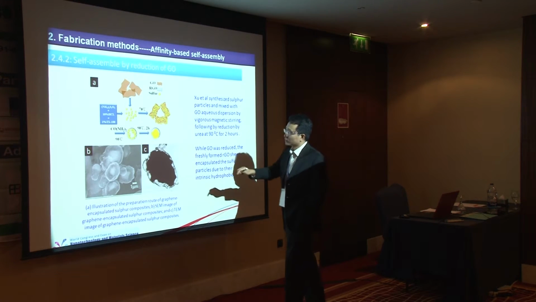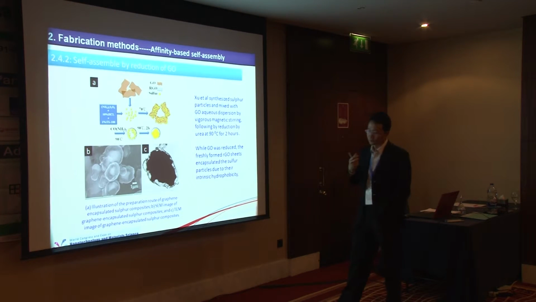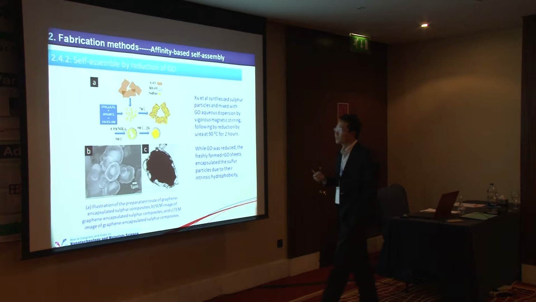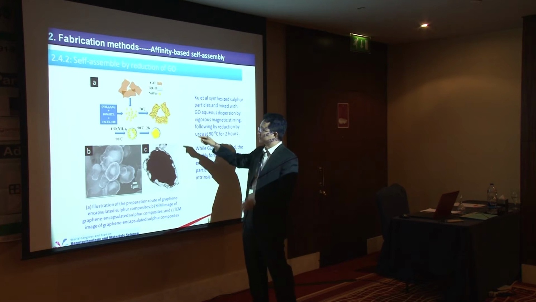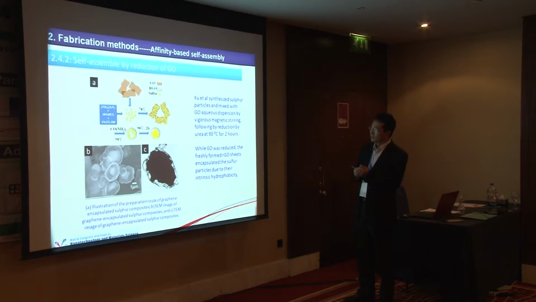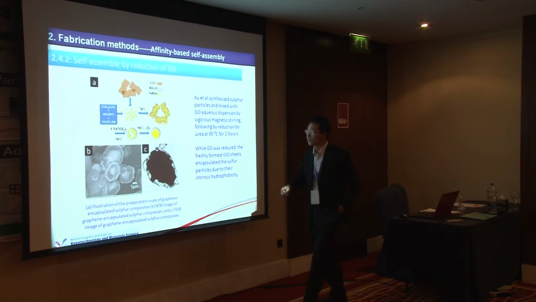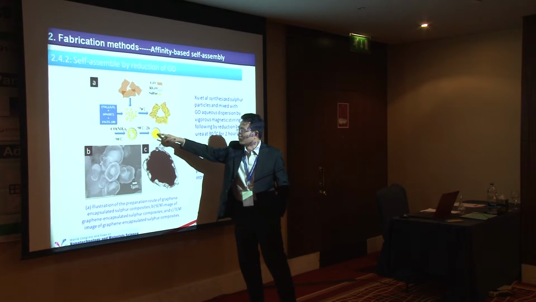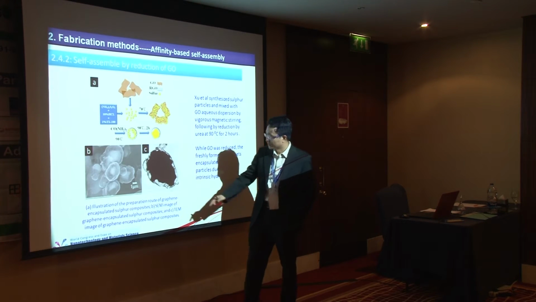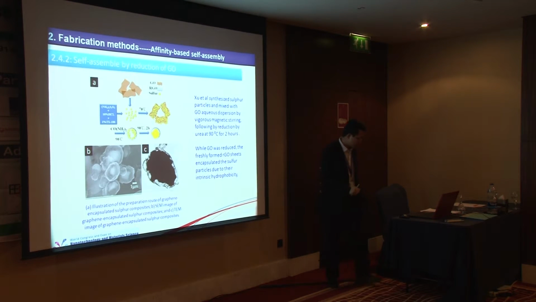Eventually, when we add the chemical to form a reduced GO, this GO layer can self-assemble to wrap into a spherical shape and package the core material inside. Okay, and also the image shows these core-shell structures.